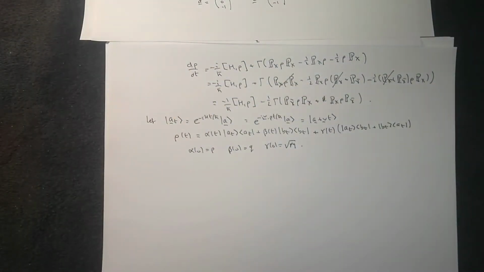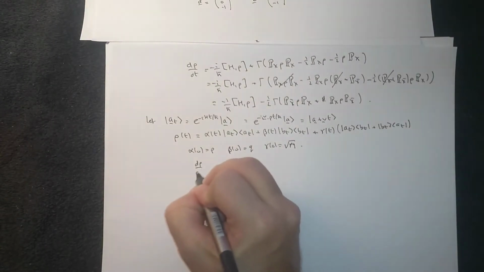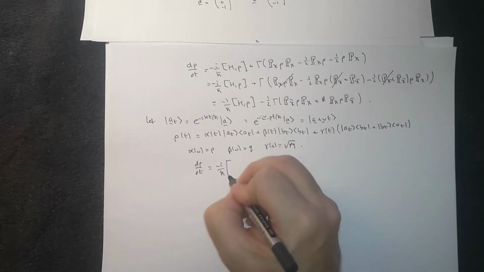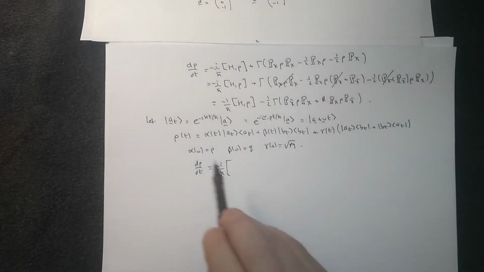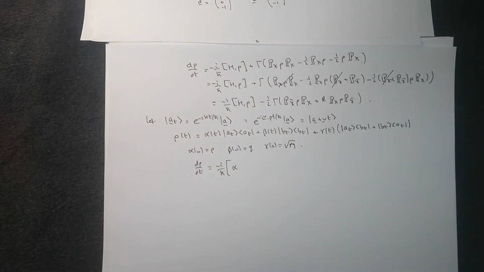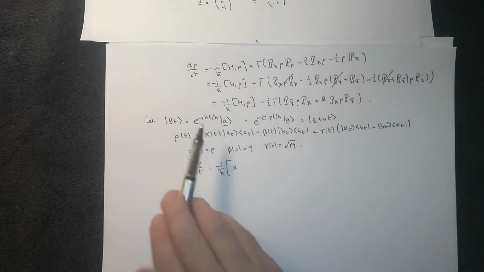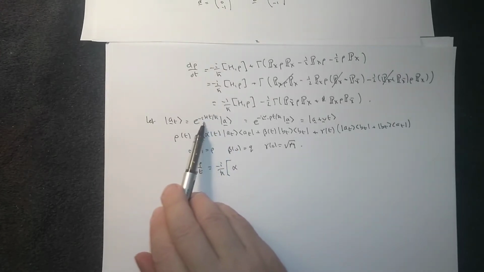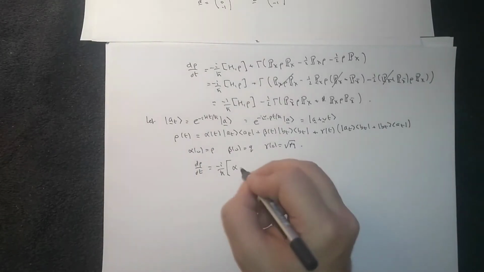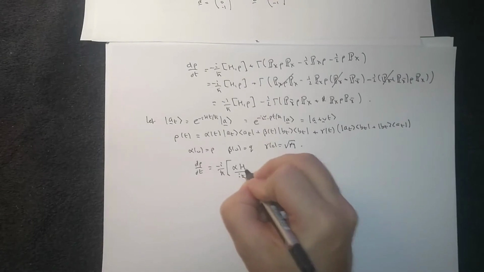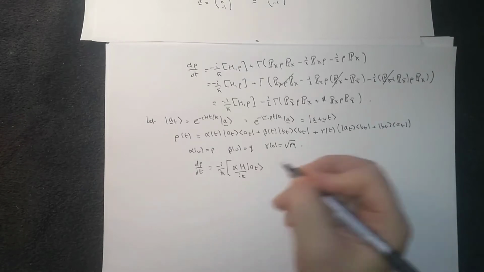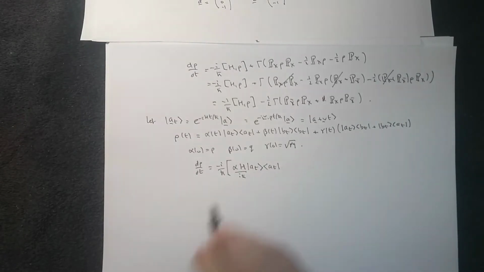Well, let's substitute this into the master equation. d rho by dt is minus i over h bar times alpha. If I apply the time derivative of this from here, that brings down minus i over h bar, so that's an i over h bar, H times this whole thing again, so that's A_t times A_t.